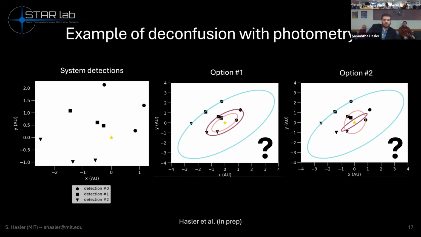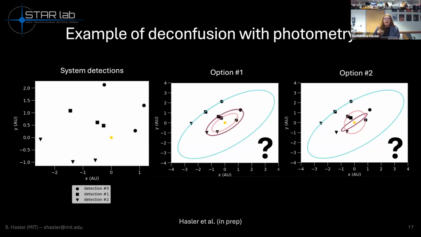Yeah, so in the relative astrometry there is an error tolerance, and you can incorporate some level of uncertainty in the simulated detections. In the photometry we don't yet have uncertainty included, but that is something we're doing next.